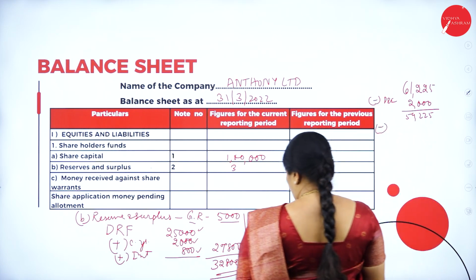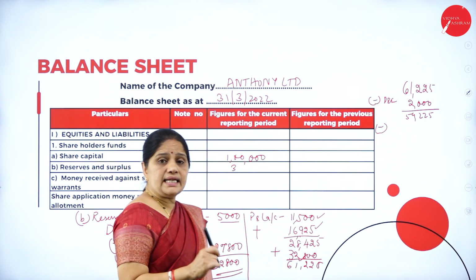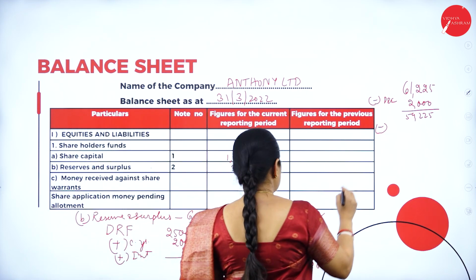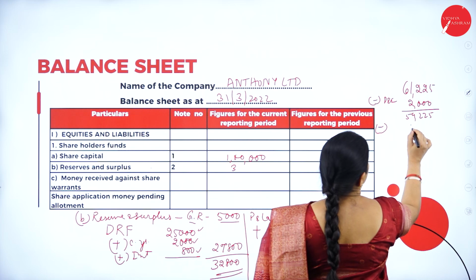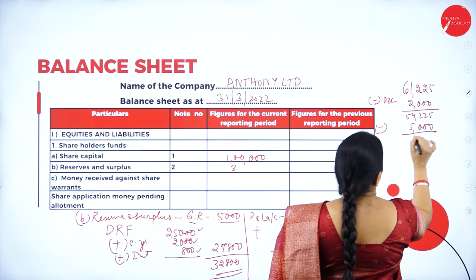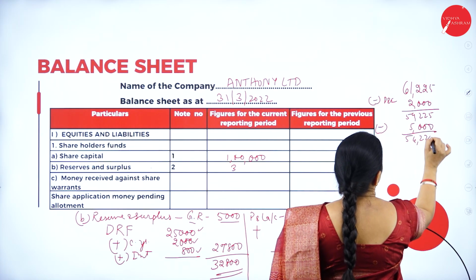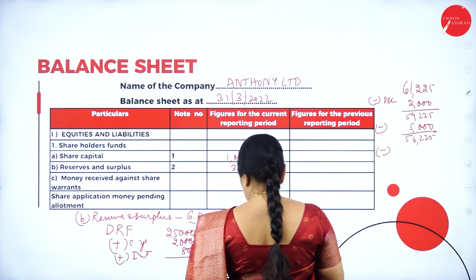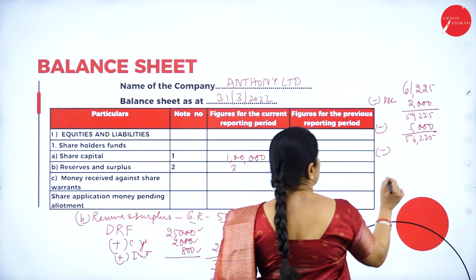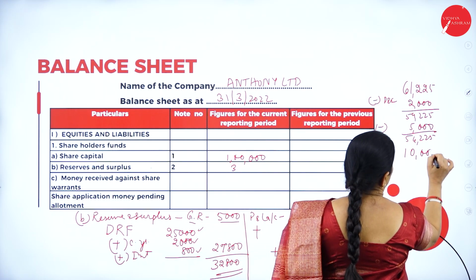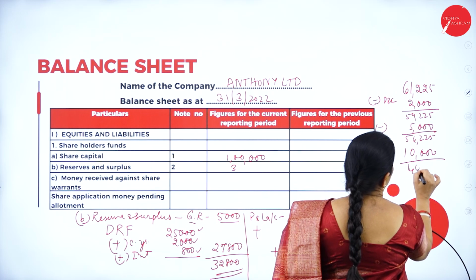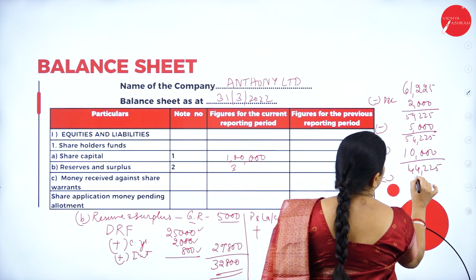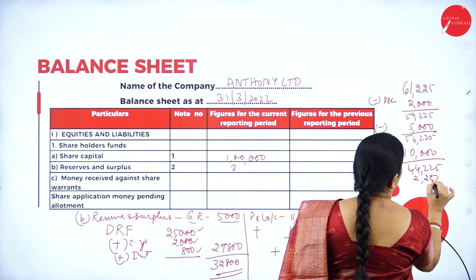So I get 59,225. Again, from this I deduct the interim dividend paid, which is 5,000. So it will be 54,225. Then final dividend proposed is 10,000. That will be 44,225, less corporate dividend tax 2,250.